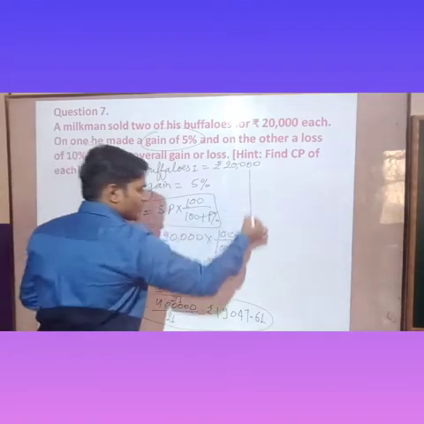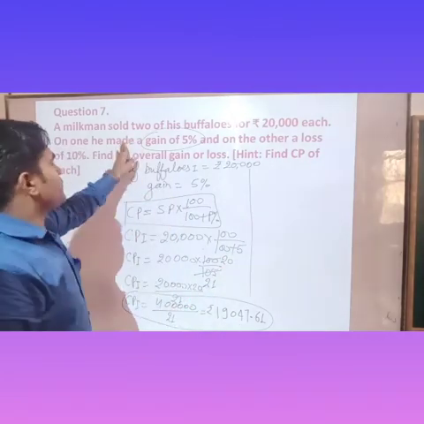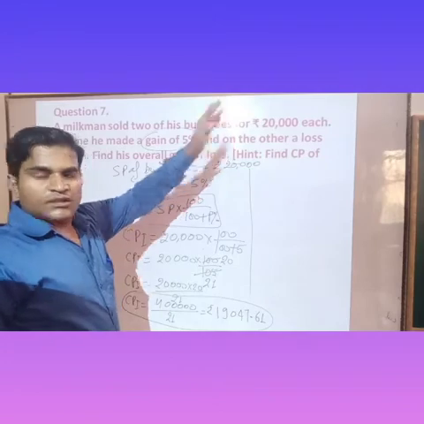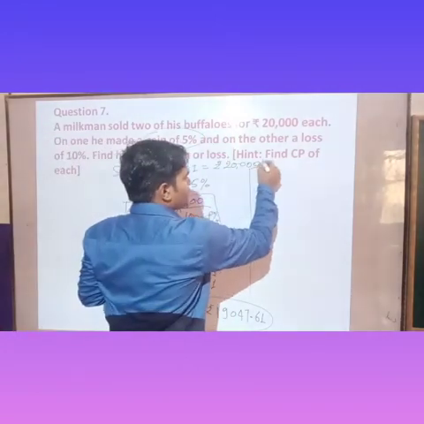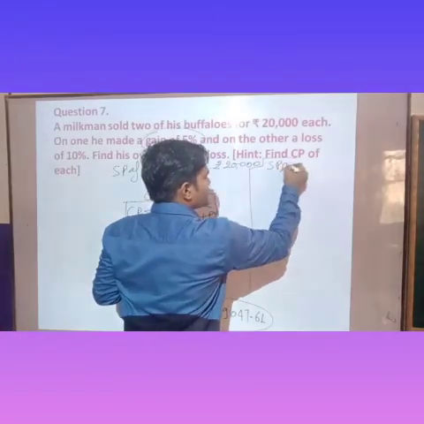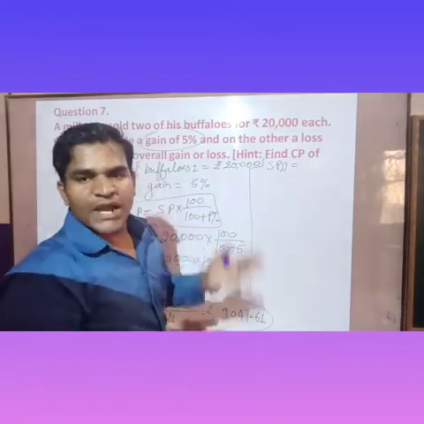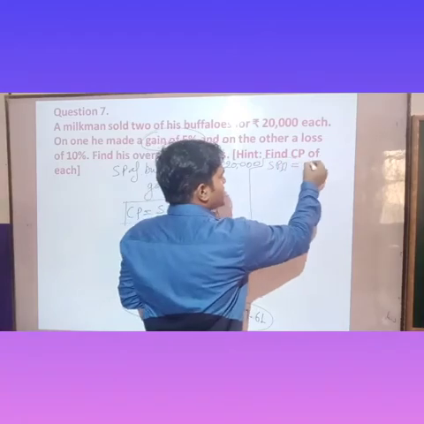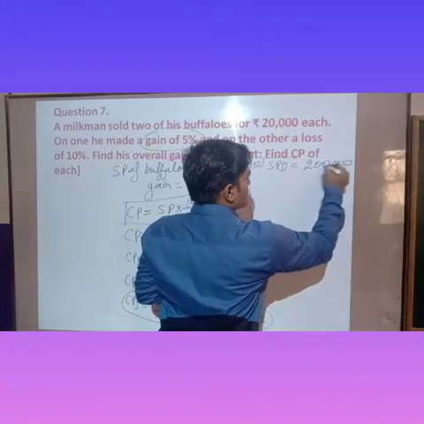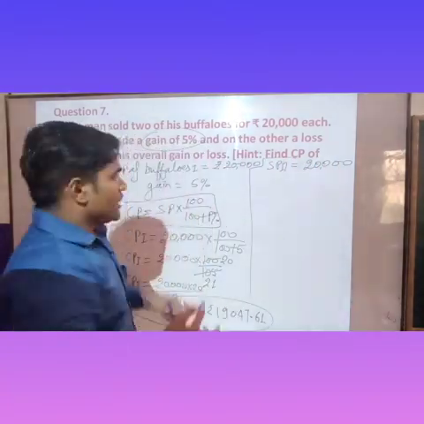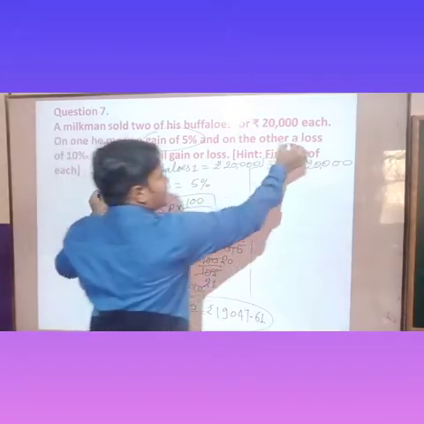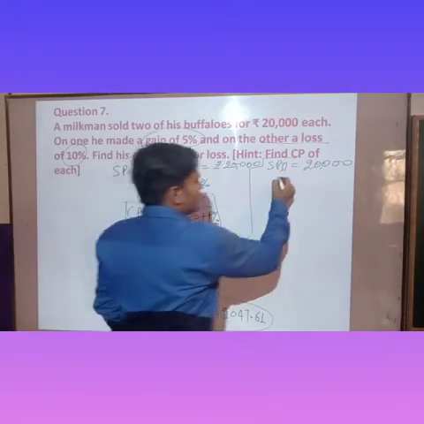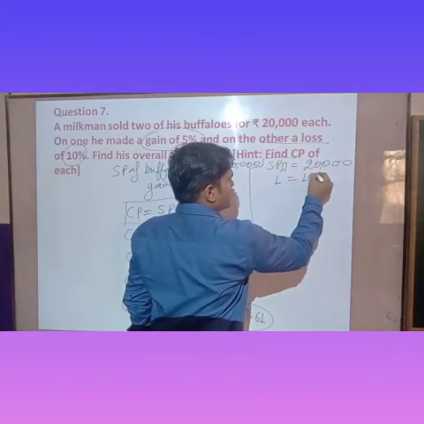Now the milkman sold the other buffalo. The SP of the second buffalo is also 20,000, and he has a loss of 10%.